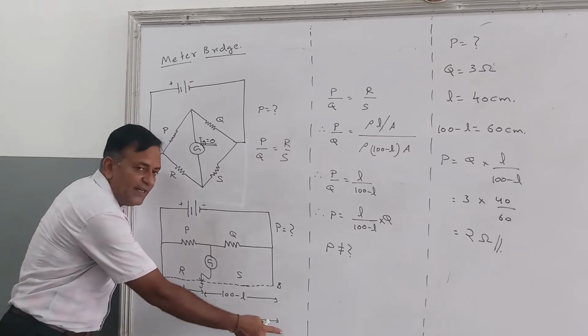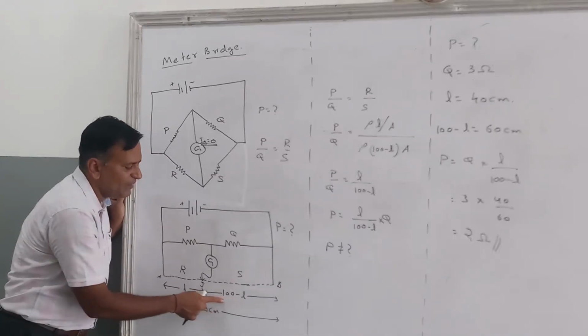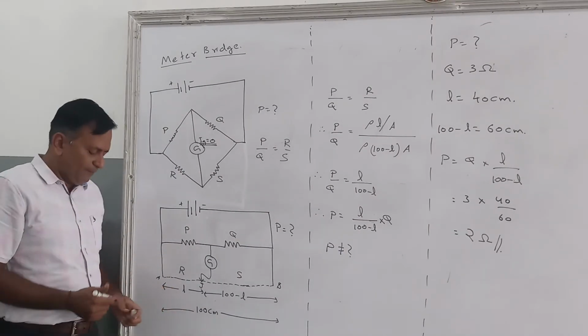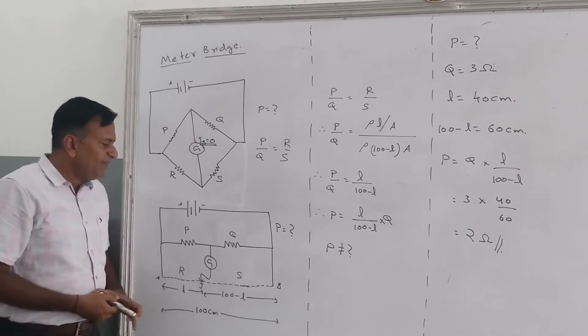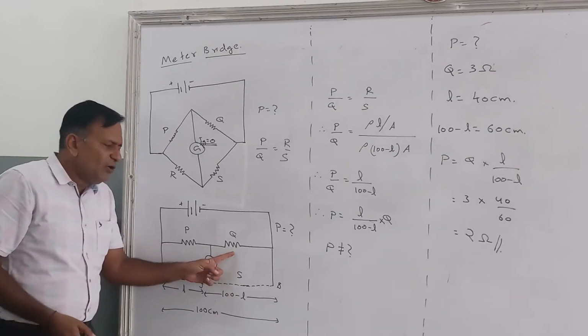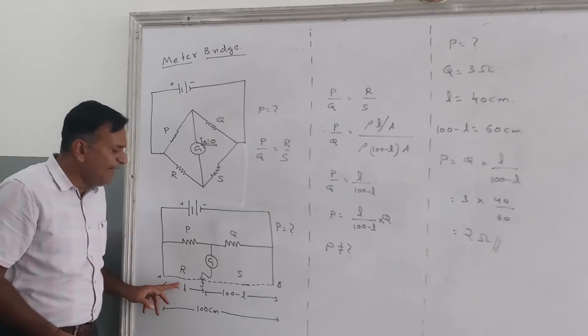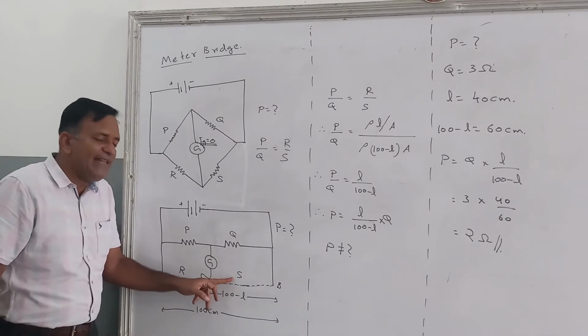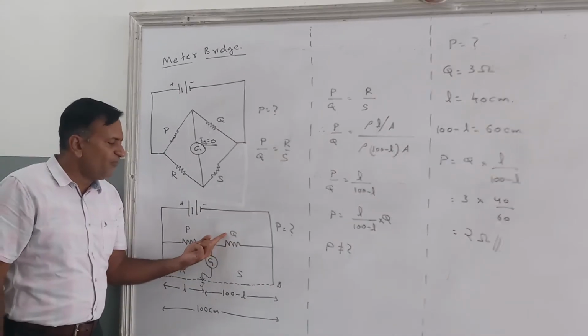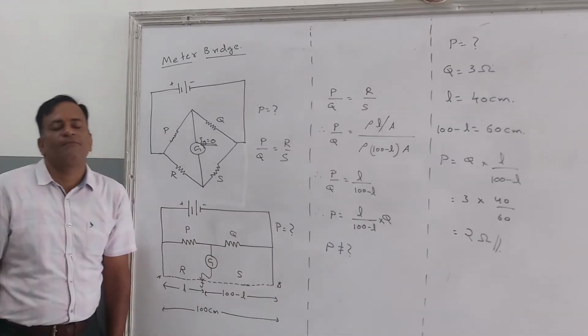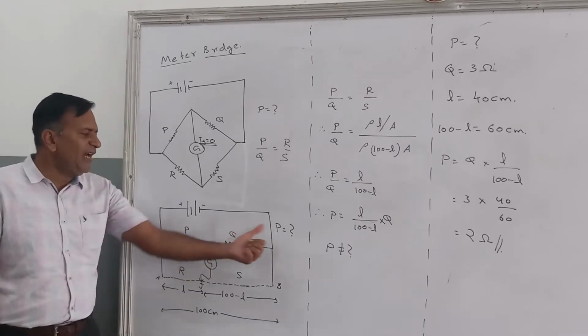The total length is 100, so this is L, this becomes 100 minus L. And what do we do now? Suppose we know the value of Q. We don't know the values of R and S, but we know the value of Q. The value of P is not known to us. We are supposed to determine the value of P.